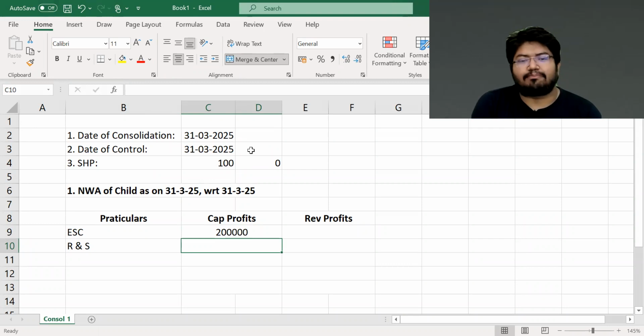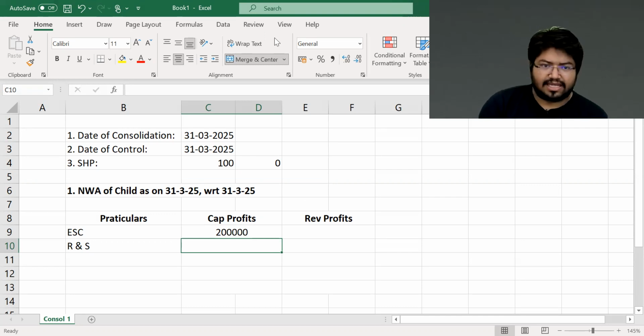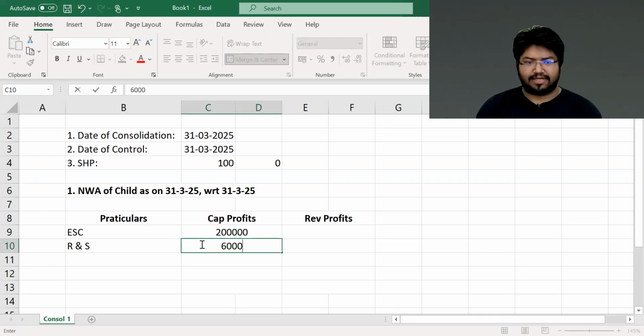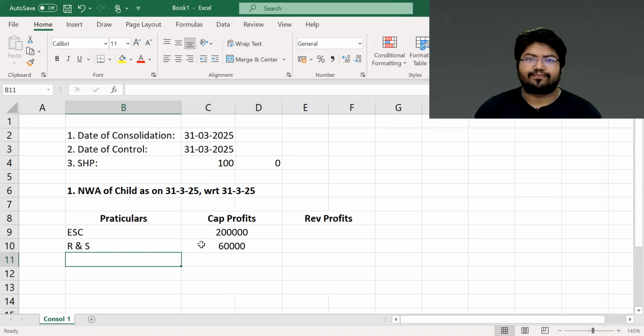The 60,000 completely belongs to the existing shareholders only. I don't get anything actually. But when I purchase all those shares, it is going to be part of my capital profits, because that is earned even before the date of investment by me. Hence, reserves and surplus 60,000 I'm going to take completely here only.